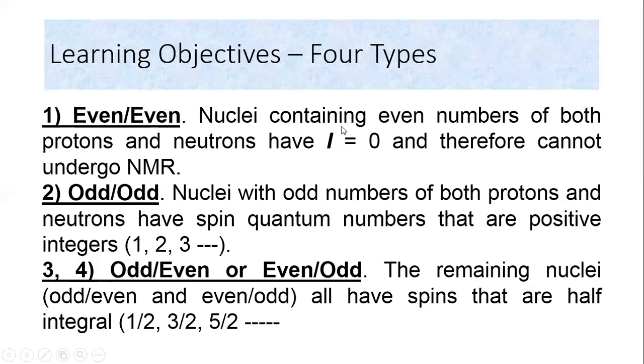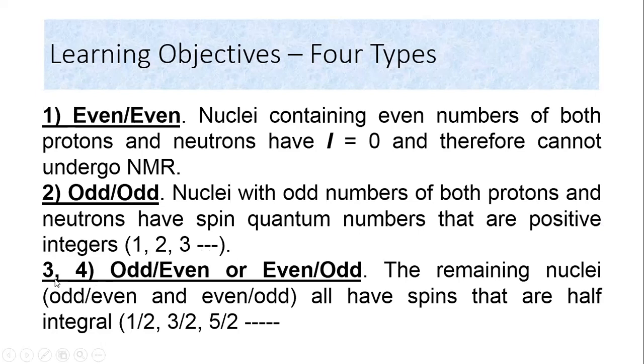That means when both the numbers of protons and neutrons are even, then the spin will be zero. There is another combination, the odd combination. When both protons and neutrons are odd, then the spin of the nuclei will be a positive integer. That means 1, 2, 3, 4, 5, 6, and so on.